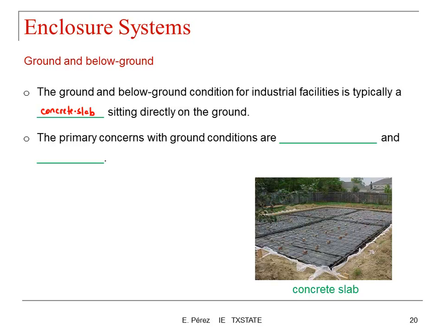And the primary concern with ground conditions is water penetration and vapor migration. So you want to make sure that this concrete slab for your facility is not allowing any type of water penetration, and also has some type of control for the vapor migration.